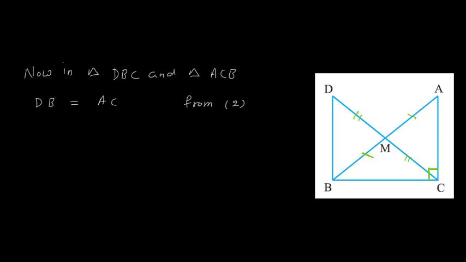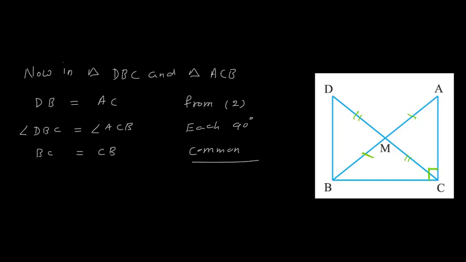Then angle DBC is equal to angle ACB, each 90 degree, and side BC is equal to side CB, their common side. You may say, sir, BC equal to BC we can write.